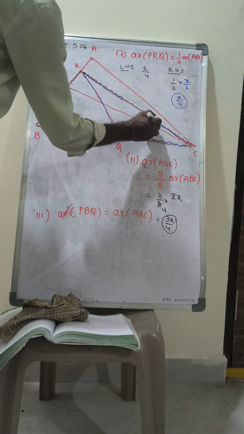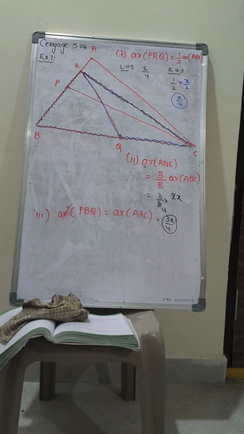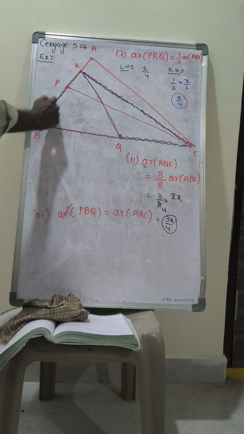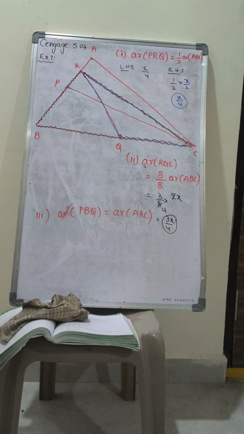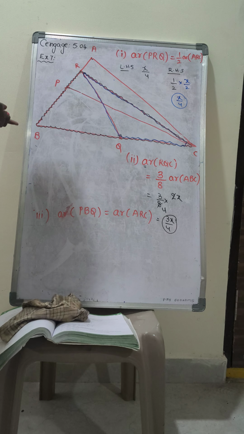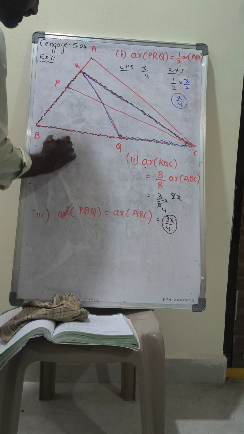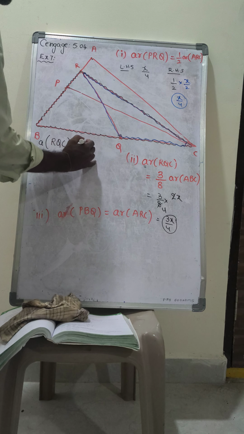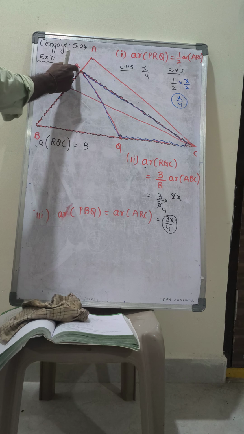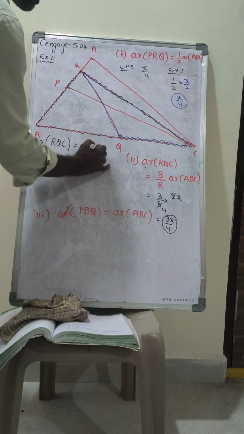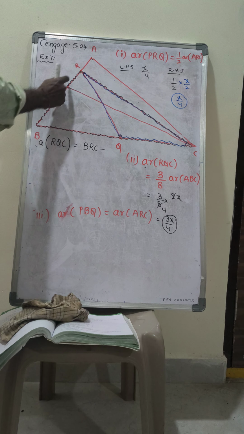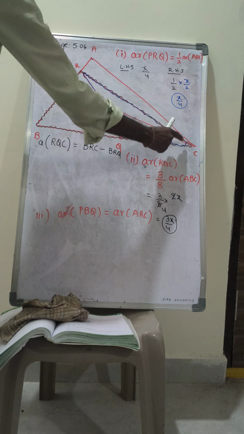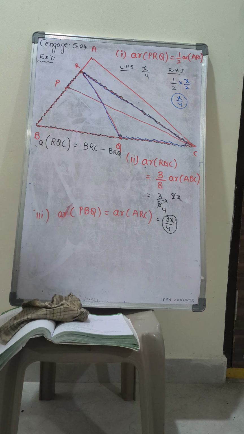And we want this green part. So from this entire BRC, if I subtract this part, BRQ part, then I will get the RQC part. So area of RQC is equal to BRC minus BRQ. Therefore you will get this area.